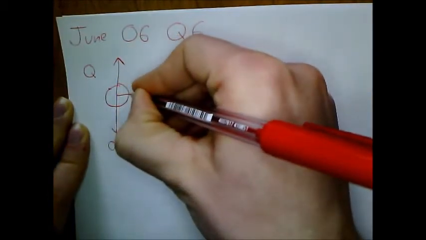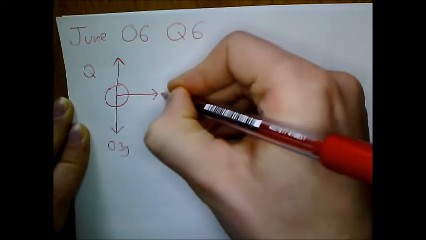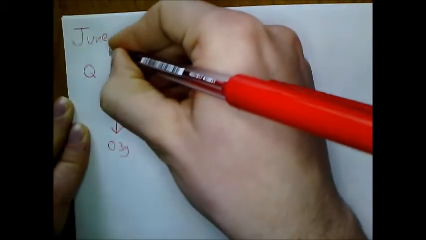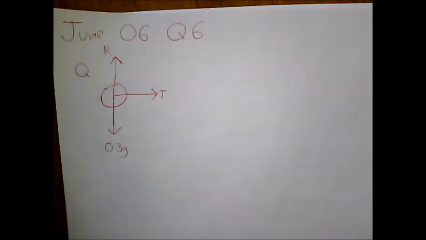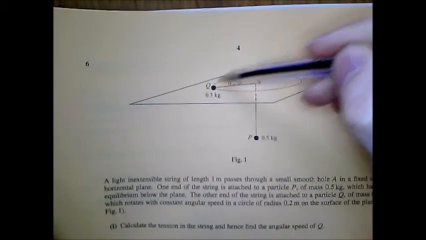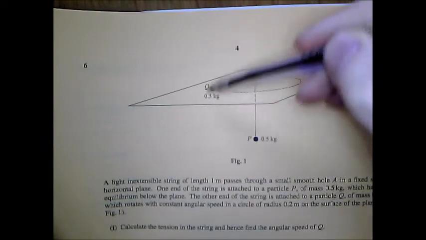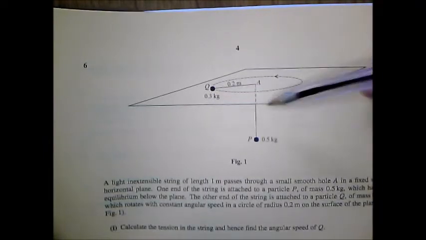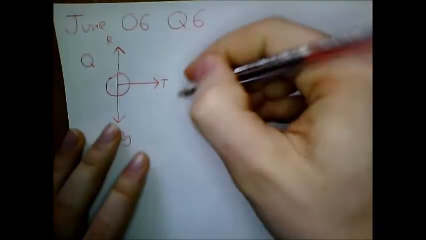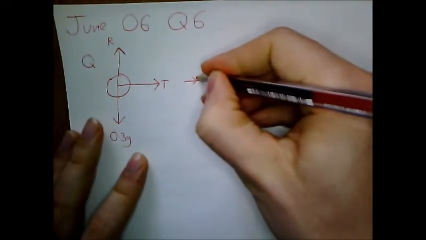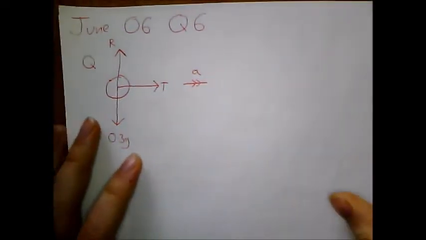And there is a tension in the string here. This is the one that's spinning around, and that spin is caused by the tension in the string. Because this is spinning, there's an acceleration towards the centre of the circle.